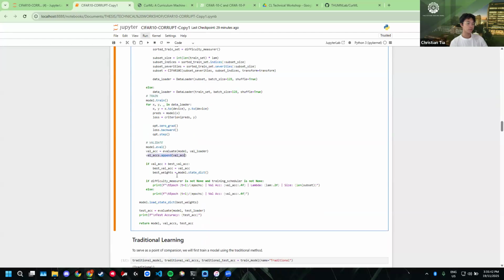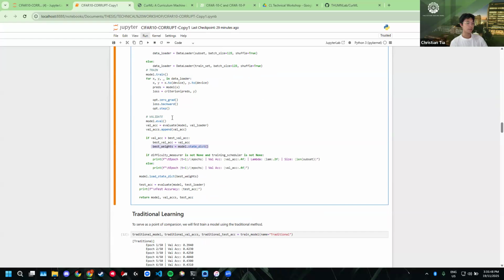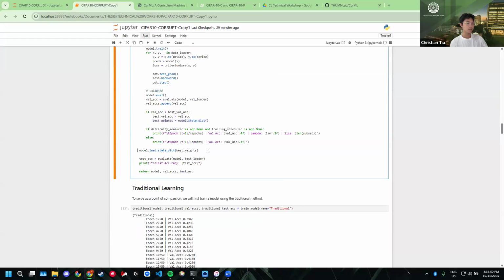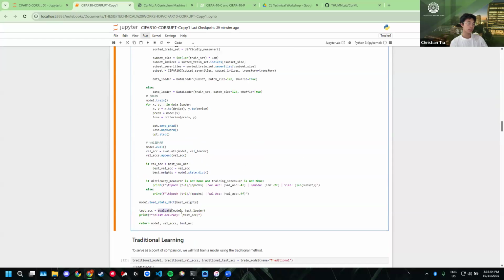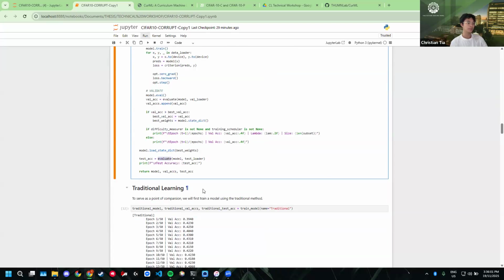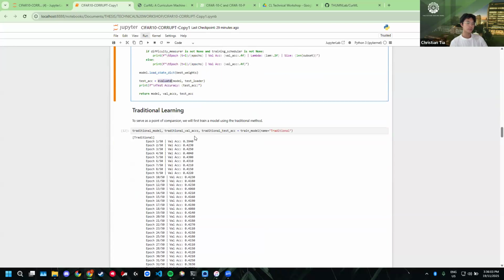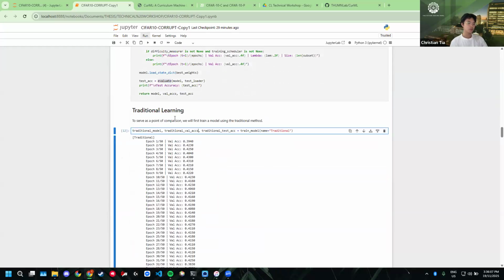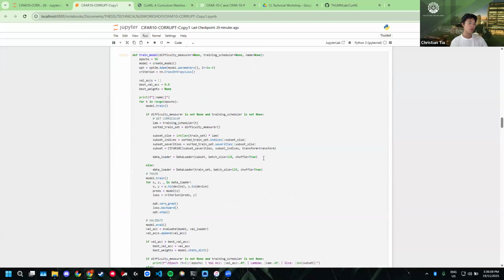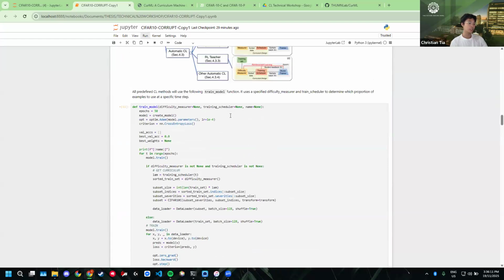If you find that that validation accuracy is the best out of everything, you store the current weights as the best weights, so that after all training, you can restore those best weights and evaluate the model on the test set, which is an independent set of data that's unseen by the model. So yeah, just as a baseline, we'll do traditional learning first, which does not use a difficulty measure and training scheduler.